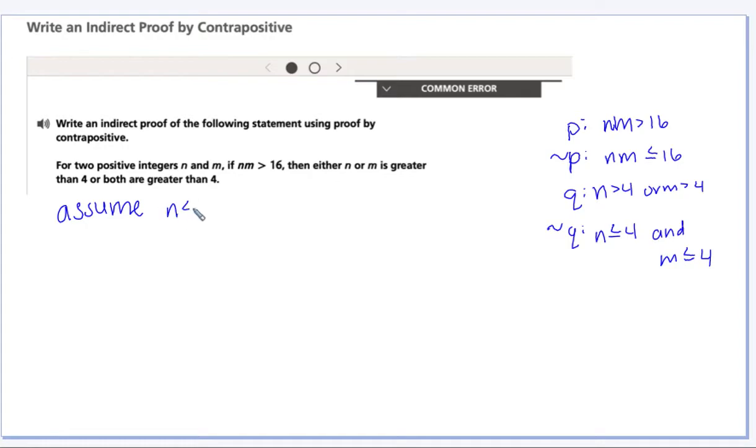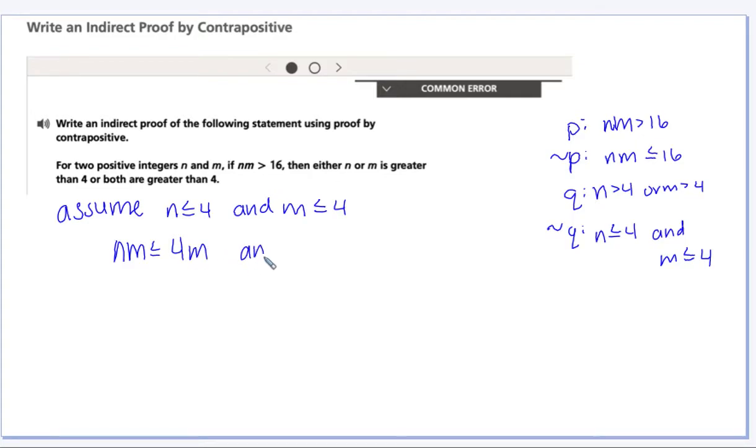So assume that n is less than or equal to 4 and that m is less than or equal to 4. So the next thing, we want to use some properties of inequalities to write equivalent expressions. So if I take this n is less than or equal to 4, if I multiply both sides by m, I'll get n times m is less than or equal to 4m.